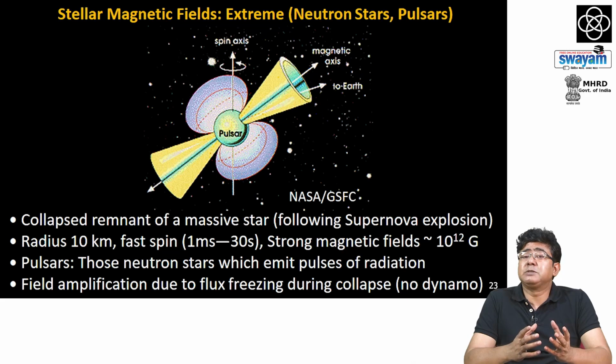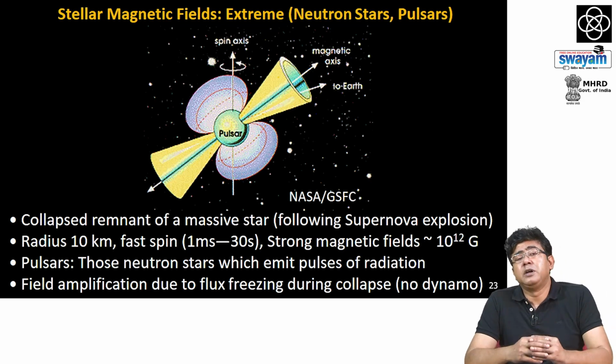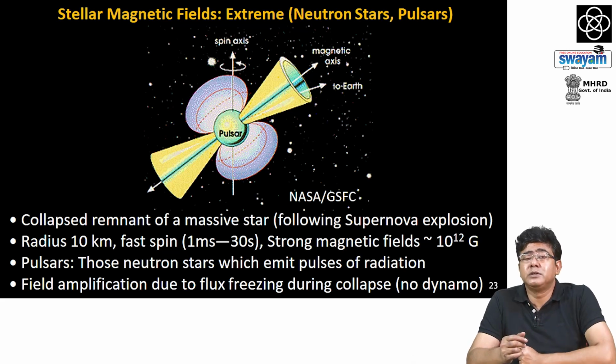Since this is a plasma object with very high conductivity, during the collapse the magnetic field remains frozen in the plasma, and because the area decreases, the magnetic field strength increases quite a bit, generating the kind of field strength now observed in neutron stars or pulsars.